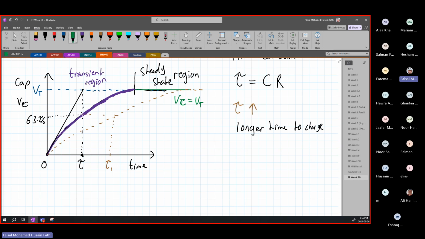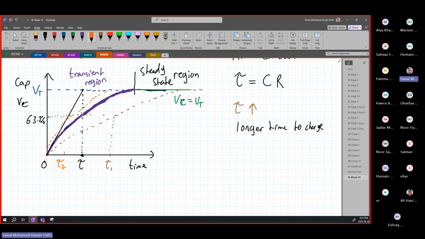And let's say if it was smaller, let's say our tau 2 over here, the curve is going to look something like this from up here. Actually a bit less. It's going to look something more like this.